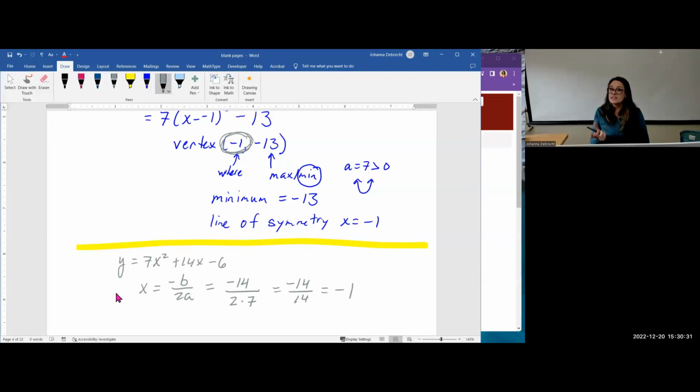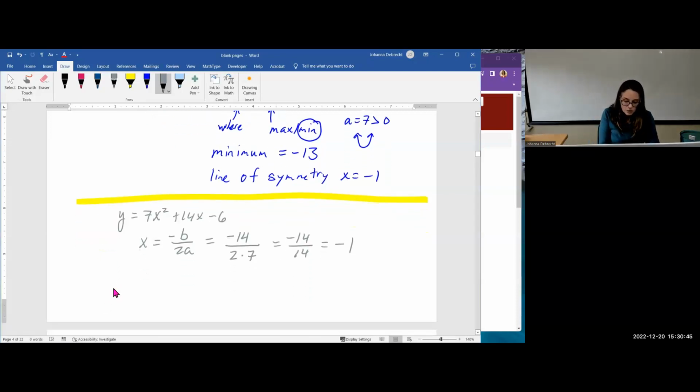Now you may say, that's great, but you got to get that minimum value since it opens up, and when you use this formula, you only get the x. That's true. But we do know it's a function. And I know that if I take this value of negative 1 and substitute it in place of the x-coordinate in the original equation, I should get the y value when x is negative 1.